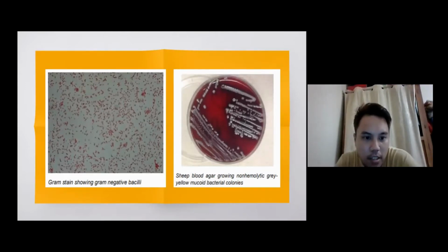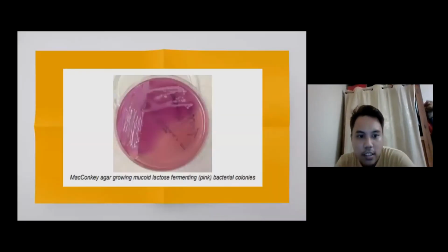First is the gram stain showing gram-negative bacilli, and the second picture is the sheep blood agar growing non-hemolytic gray-yellow mucoid bacterial colonies. Next is the MacConkey agar growing mucoid lactose-fermenting, or pink, bacterial colonies.